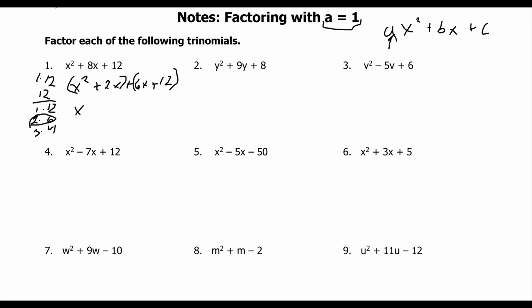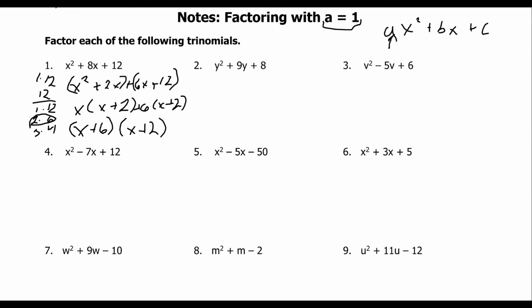And we got an x on the outside of x plus 2. And then we've got, let's see, 6 goes into both of those. So we got 6, and that's going to be x plus 2. So what our factors are left to be is x plus 6 and x plus 2. And there it is.